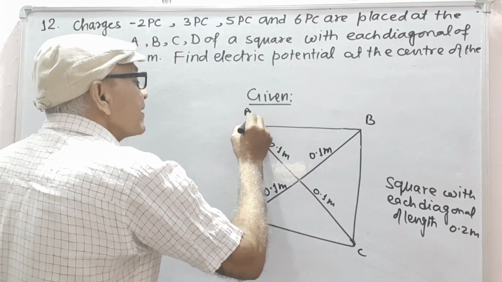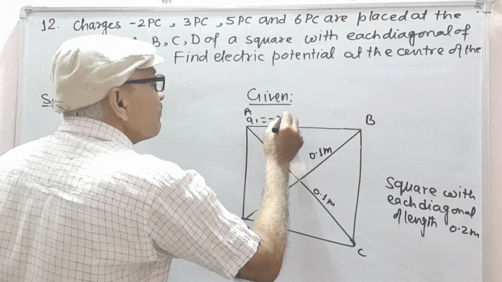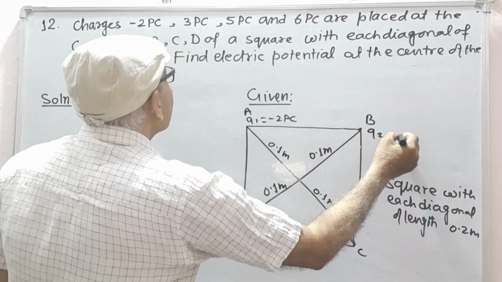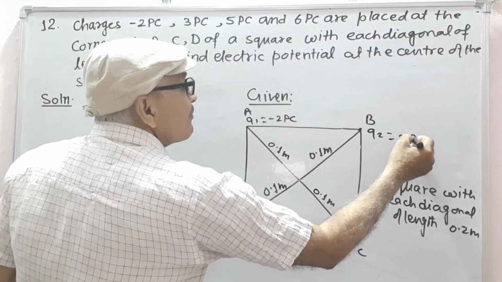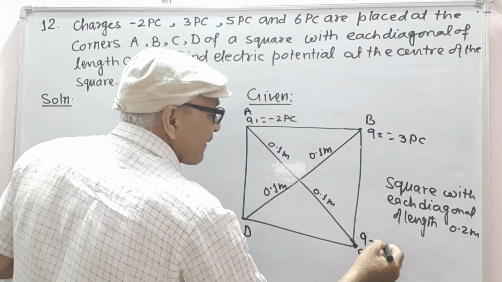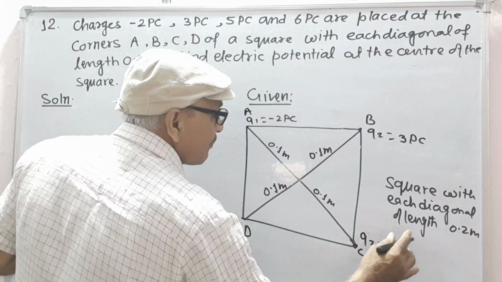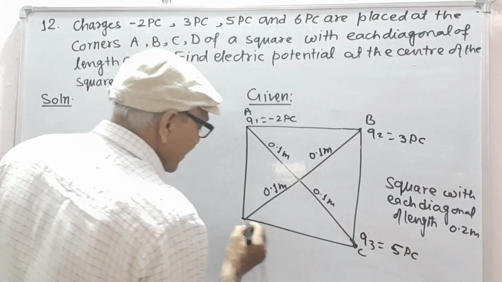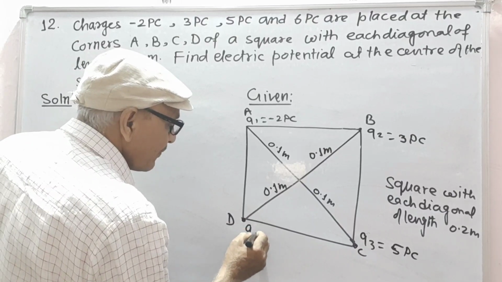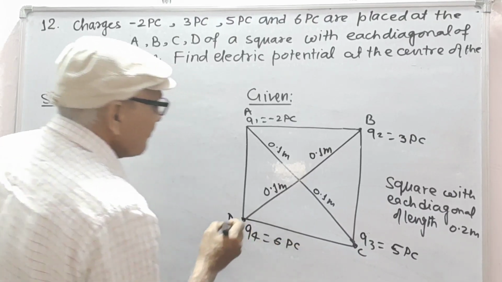Here charge Q1 is equal to -2 picocoulomb. Charge Q2 is 3 picocoulomb. Charge Q3 is 5 picocoulomb and charge Q4 is 6 picocoulomb.